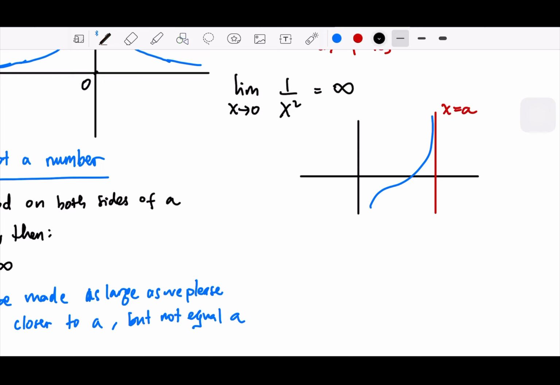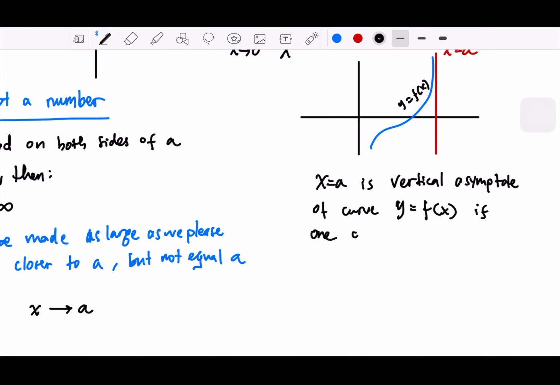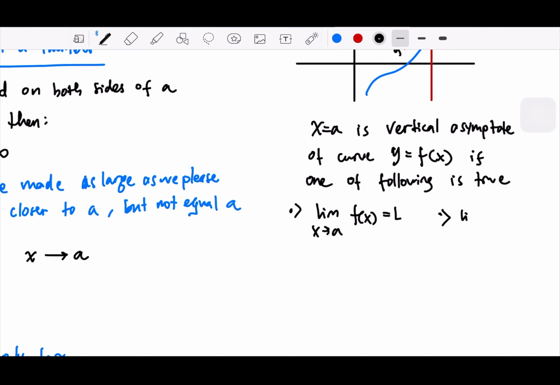We say x equals a is a vertical asymptote of the curve y equals f of x if one of the following is true.